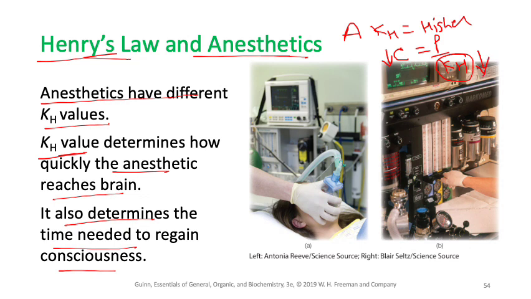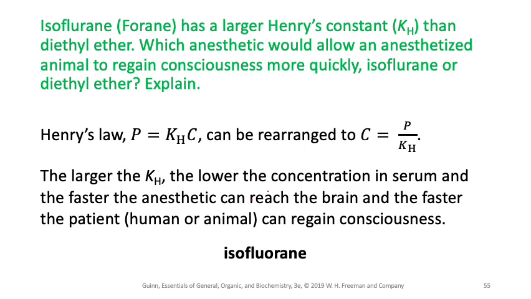With a smaller Kh, most of the anesthetic gas dissolves in the blood, and very little gas is available to go to the brain, so it takes more time to help the patient fall asleep. This is how you can predict which gas you can use as an anesthetic and which one you cannot.